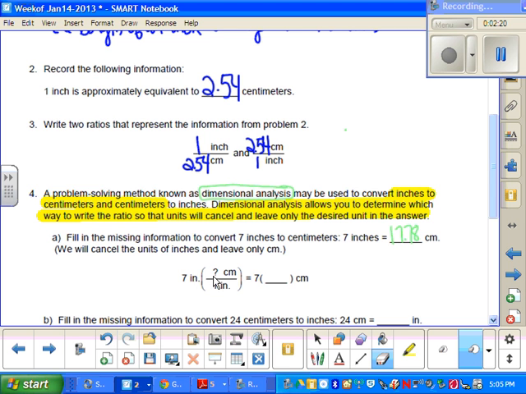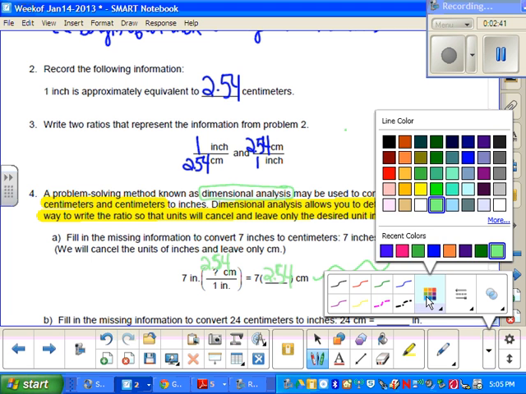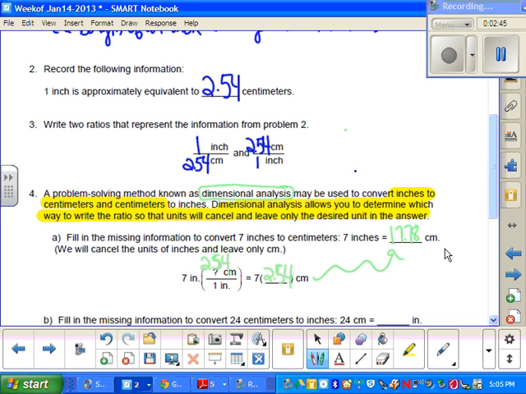We can calculate that out. If we say 7 times 2.54, that will indeed give us the answer of 17.78. So, perfect example. If you're given inches, you can multiply it by the centimeters to get how many centimeters there are in 7 inches.